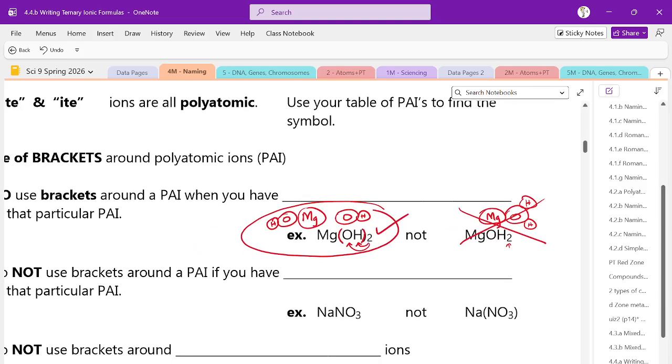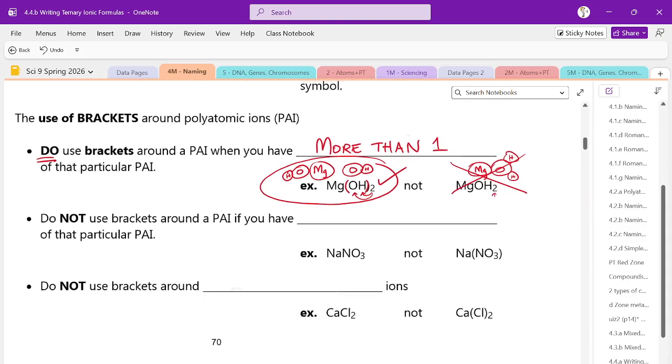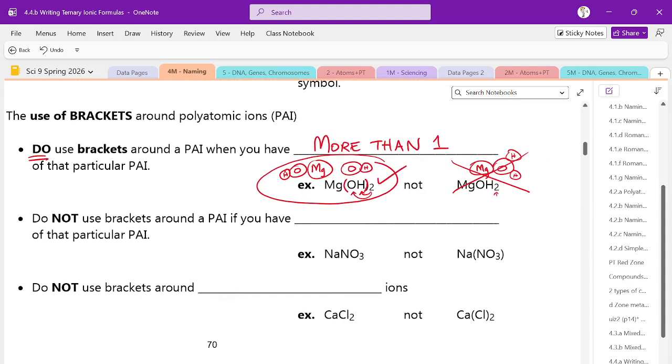So do use brackets around a polyatomic when you have more than one of that particular polyatomic ion. Do not use brackets if you have only one.